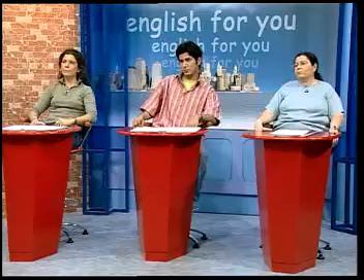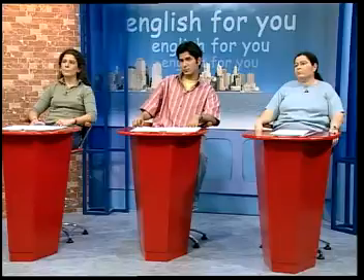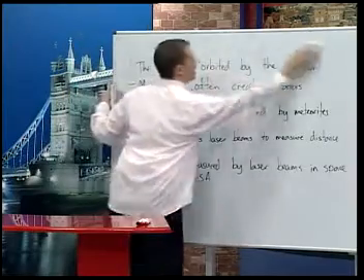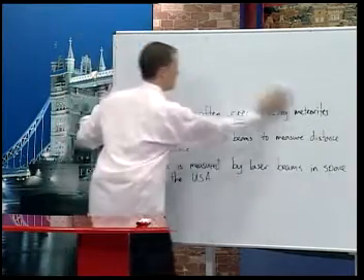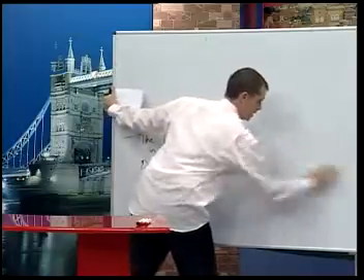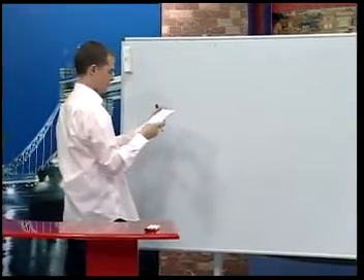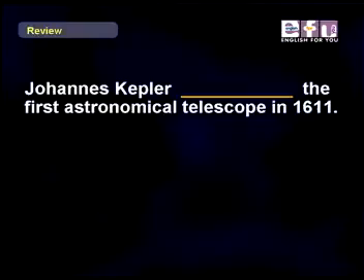Very good, thank you. Now let's do an exercise with the passive voice using the simple past. I'll write you an active sentence with a gap, and you give me the passive sentence. Monica, here's your one. Johannes Kepler, something, the first astronomical telescope in 1611. A long time ago now.